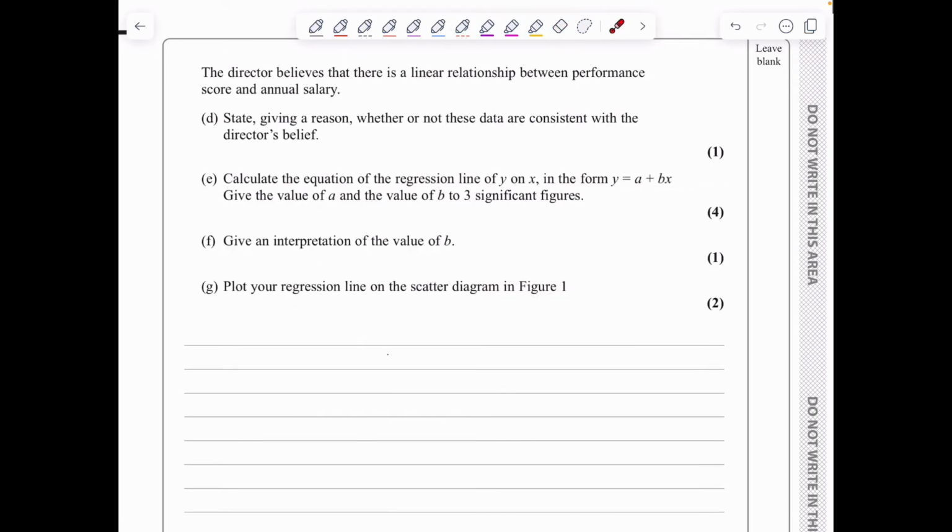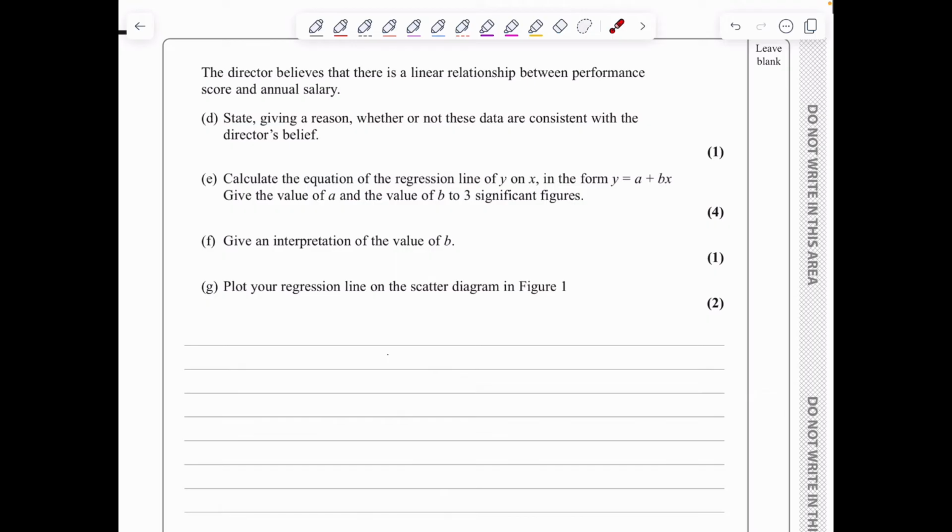We are then told that the director believes that there's a linear relationship between performance score and annual salary, and we need to state, giving a reason, whether or not this data is consistent with the director's belief. Well, there are two things we could say to conclude that the director's belief is consistent with the data.